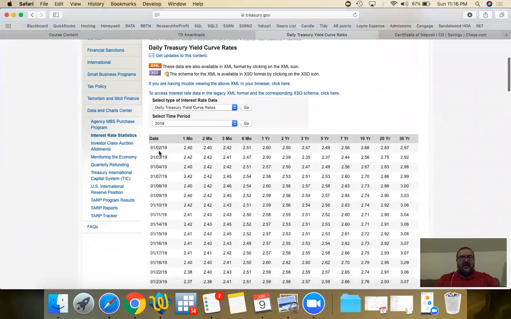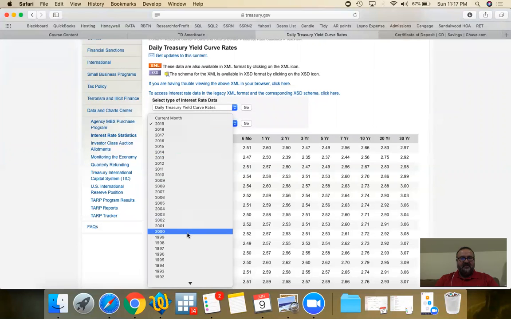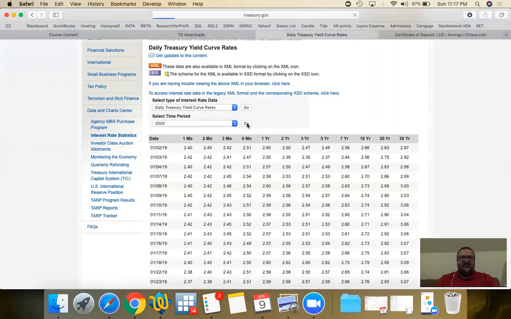On the 2nd of January of 2019, the 1 month US Treasury sold at 2.40% yield per annum. The same yield was paid for 2 months, very similar to 3 months. And then as you can see, the 30-year Treasury was sold at 2.97%. Just to give you a point of reference, let's look at, say, year 2000.